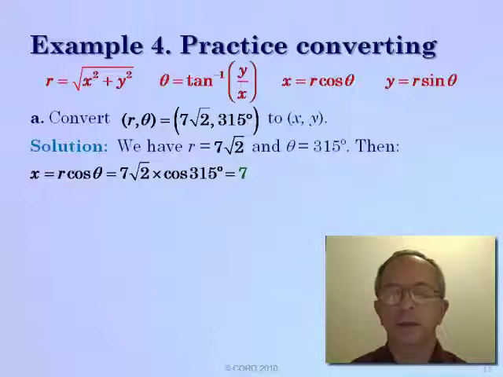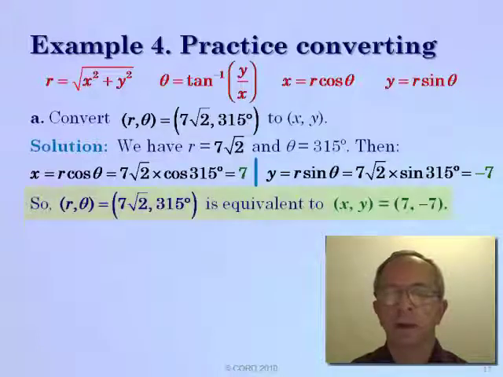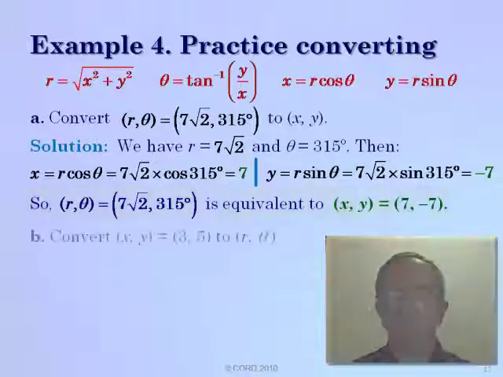So that would be 7 square roots of 2 times the cosine of that angle, and that'll calculate out to 7. The y value is equal to r sine of the angle, which is 7 square roots of 2 times sine of 315 degrees, and that would be negative 7. So r theta is equivalent to xy of 7 and negative 7.